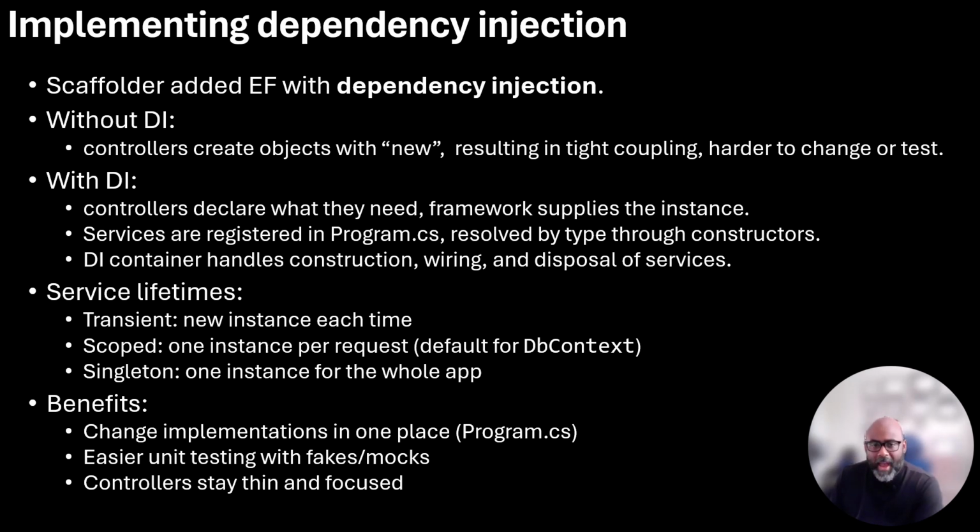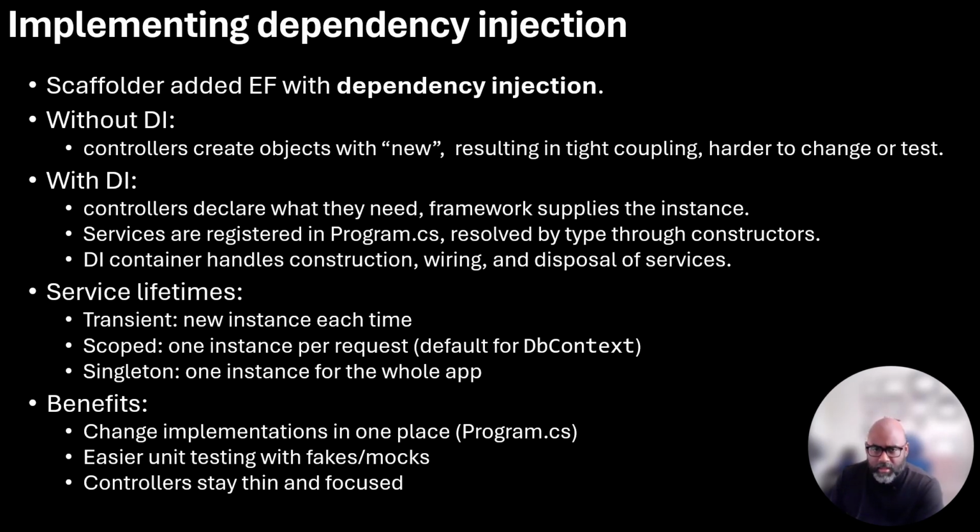And lastly, we have the singleton lifetime, and this means that the framework will make one instance when the application starts, and that same instance, in fact, is shared everywhere up until the point that the application shuts down.